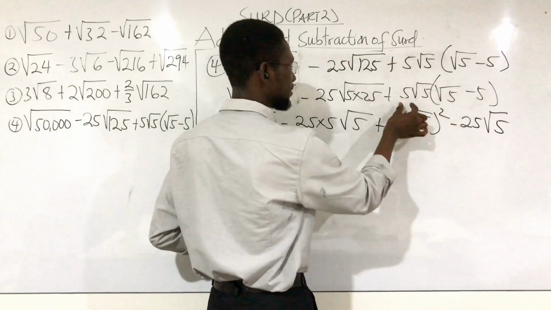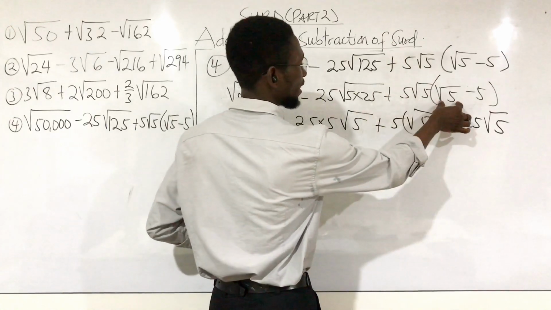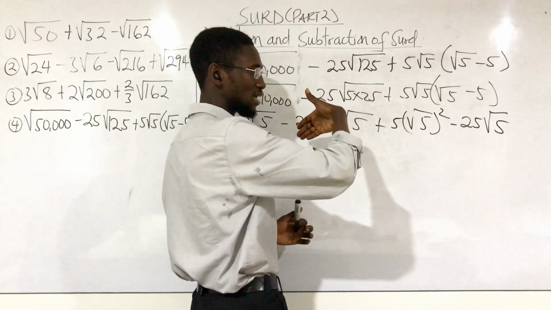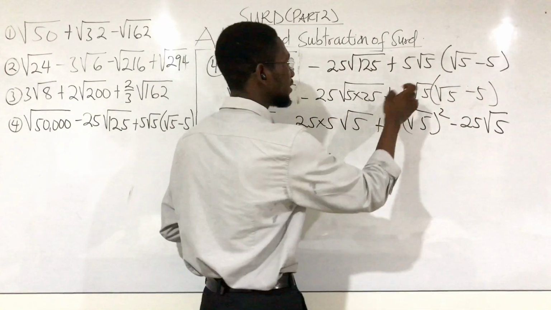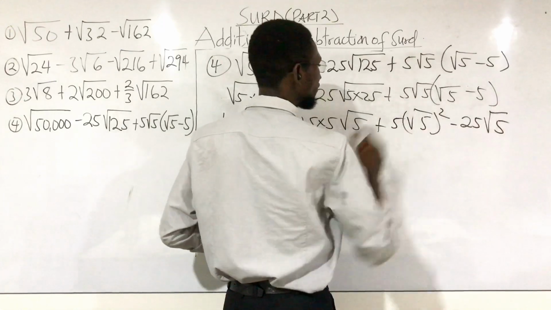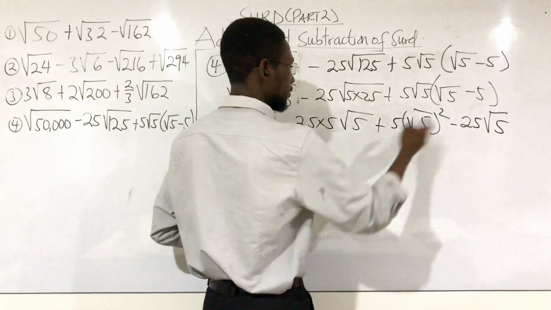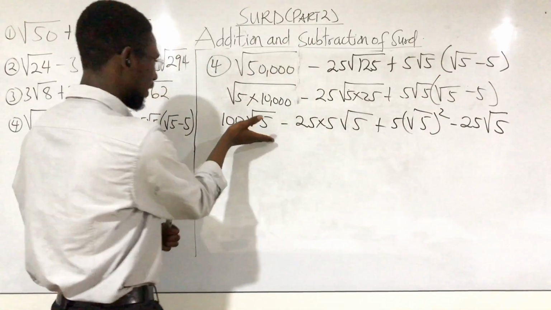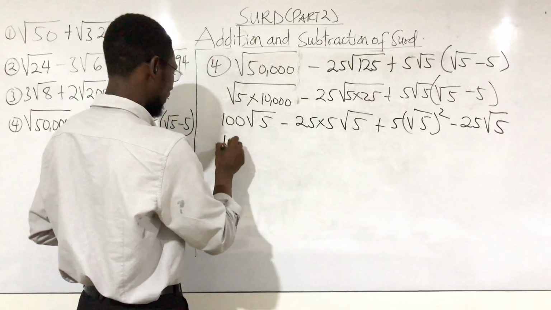So this by this, the root multiplies the root to give you root of 5 squared, maintaining the 5 at the left. Then 5 over here, root 5. 5 multiplies the negative 5 because it can, to give you negative 25, not touching the root 5. Now we can't do anything to it, we just have to simplify further.